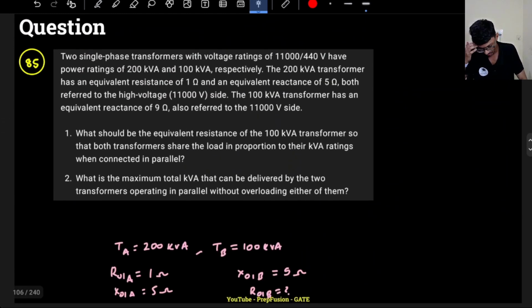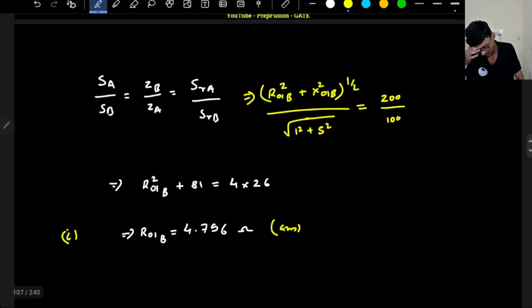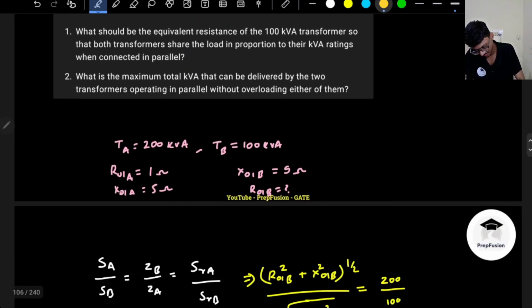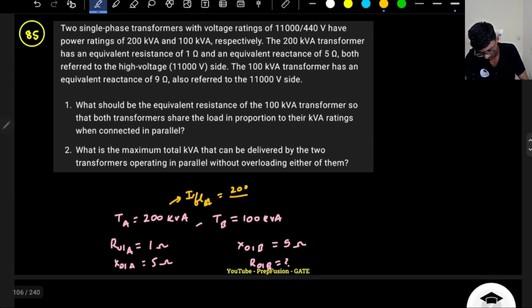So there are two transformers, so I will find out IFLA into ZA. How much is IFLA? IFLA will be 200 kVA upon the primary voltage, which is 11 kV.